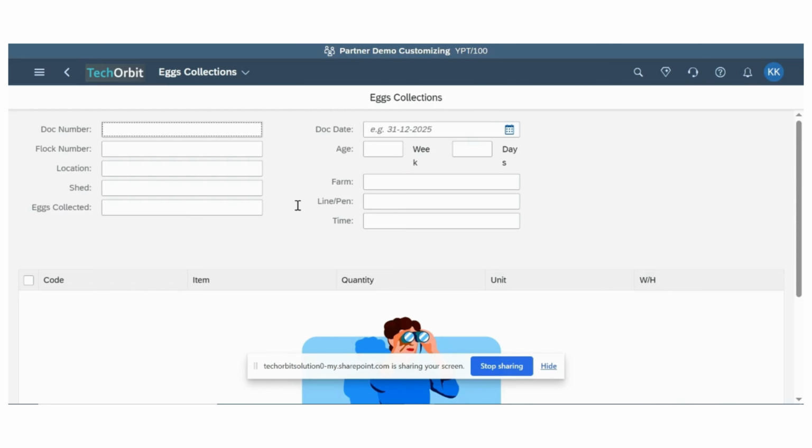Whatever eggs he has collected, he sorts as hatching eggs, then cracked eggs, leaked eggs, etc. The system will give subsequent effects in finance considering the standard egg rate of that particular week.